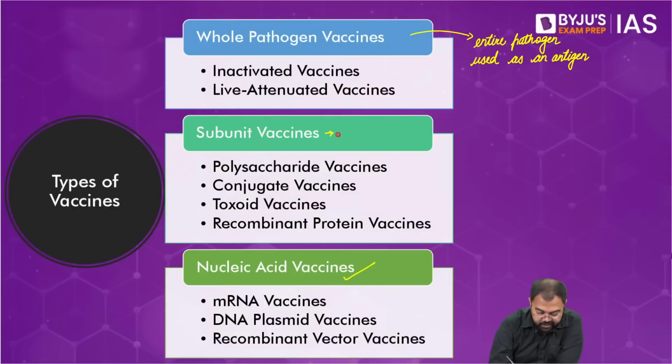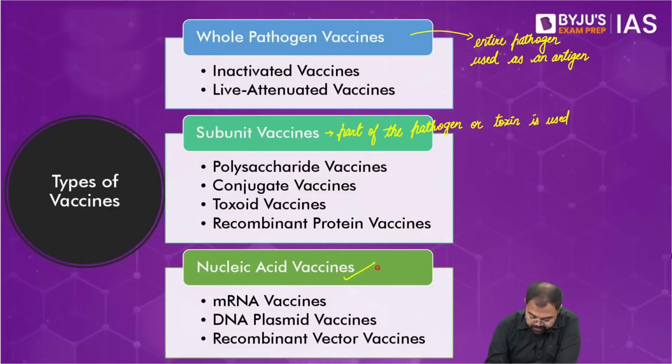Subunit vaccine, when a part of the pathogen or toxin is used.